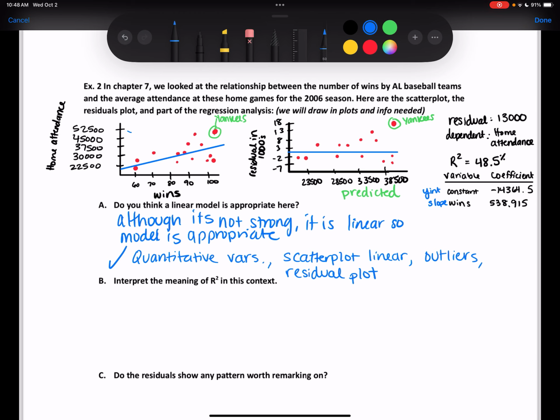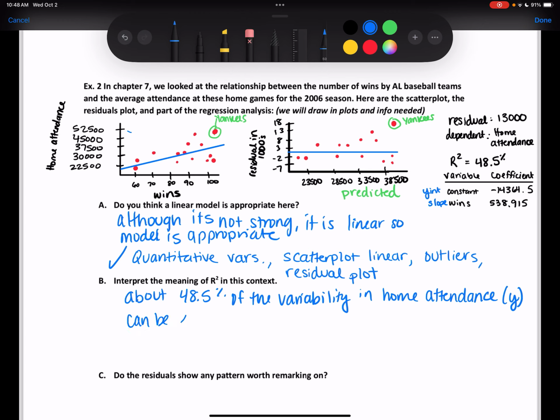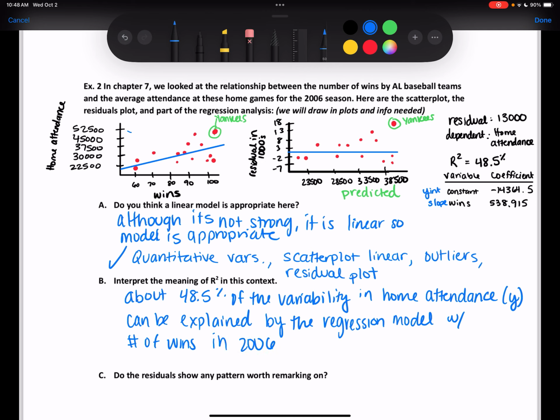So what we would say is about 48.5% of the variability in home attendance, which is y, can be explained by the regression model with number of wins in the 2006 season, because it said 2006 season, x.